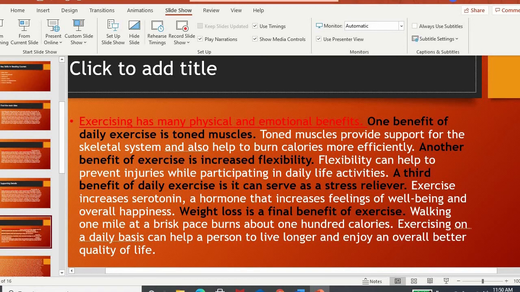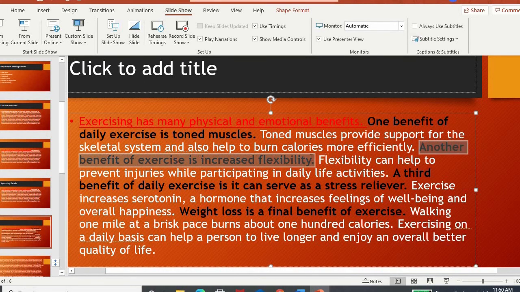So what are my benefits of physical and emotional exercise here? One benefit is toned muscles. That's a brand new benefit. That's a major detail. Toned muscles, well, it doesn't give me a brand new benefit. This sentence directly supports the sentence before it. It goes into more detail. That's what makes it minor.